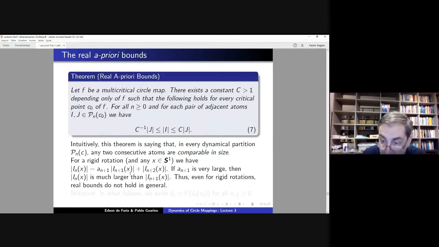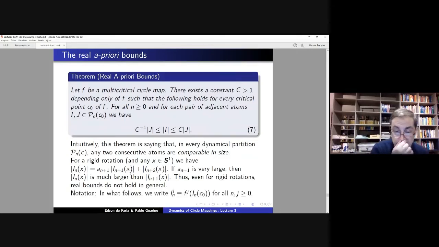So in general, even for rigid rotations, the real bounds do not hold. For diffeomorphisms, which are in many cases smoothly conjugate to rotations, they're not going to have real bounds either. So this is a phenomenon that really happens only for maps with critical points.